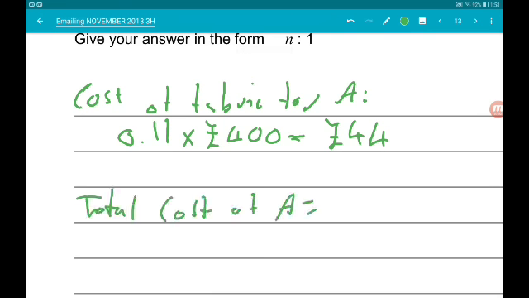Now you would think up to there that's by far enough work for 5 marks, but no. We now want to write that in the form n to 1. So what that means is we need to make the right hand side of the ratio 1. So we do that by dividing both sides by 36.30.